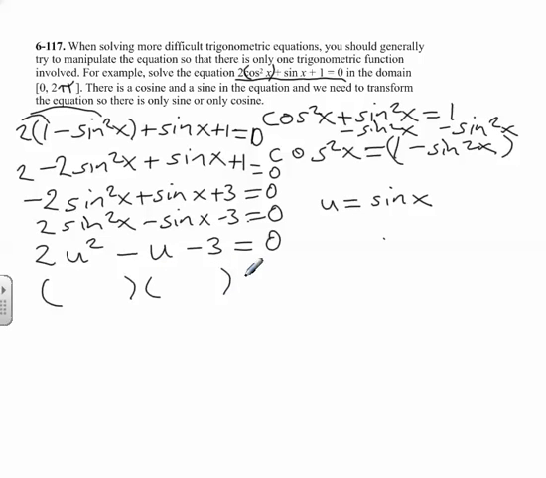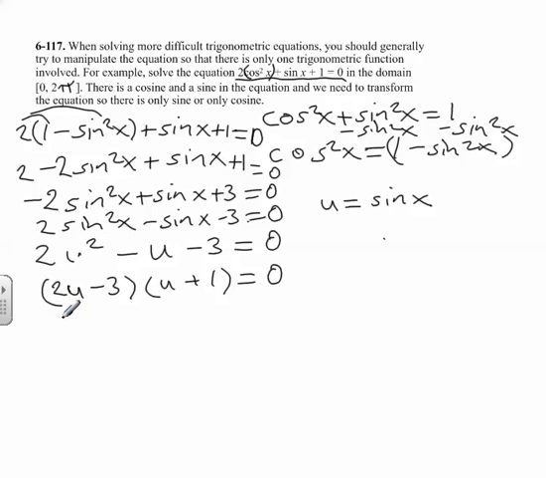We'll put 2u in the first set and u in the second, and this will factor to 2u minus 3 and u plus 1.